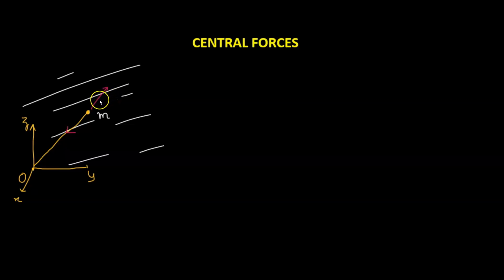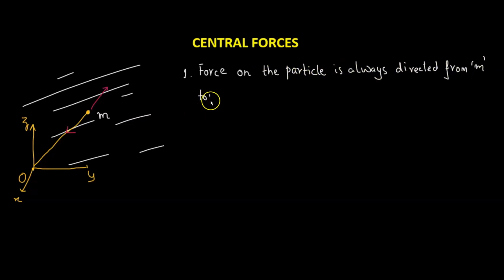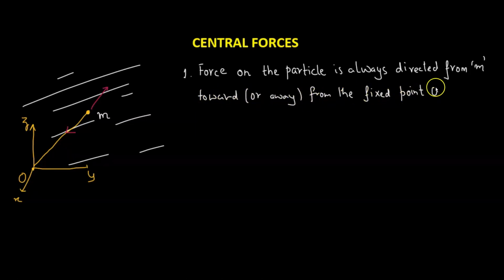So this is going to be criterion number 1. Let me write it down. The force on the particle, some force, we do not know if it's a central force here, we are trying to figure that out. The force on the particle is always directed from m toward or away from the fixed point O.